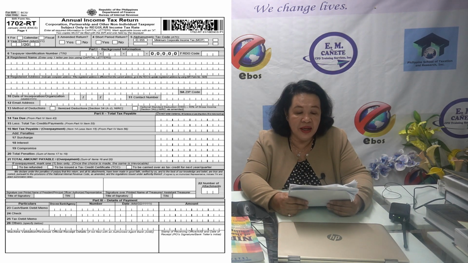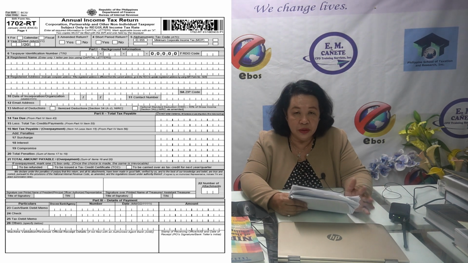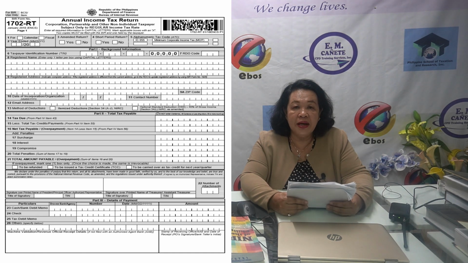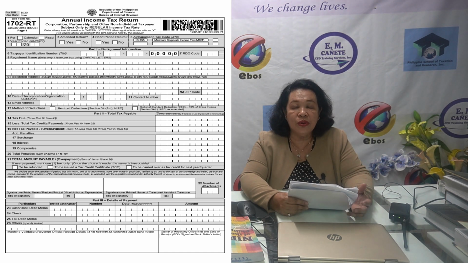Line number 3 is amended return, yes or no. I have discussed with you in our first blog that the amended return means that you already have filed an original return, the same return, but you have to adjust because you have found something that you have to adjust or correct.